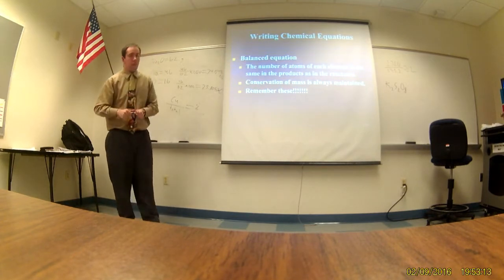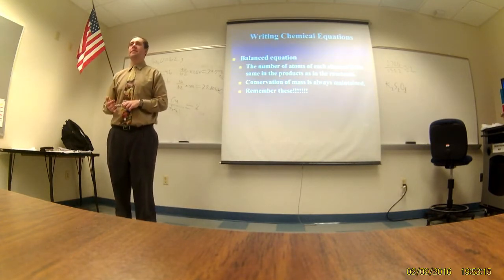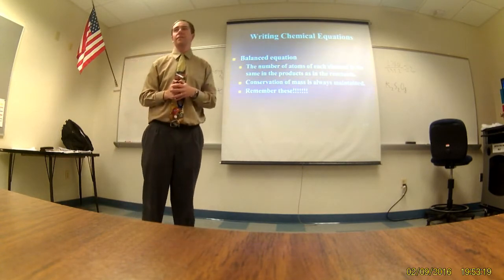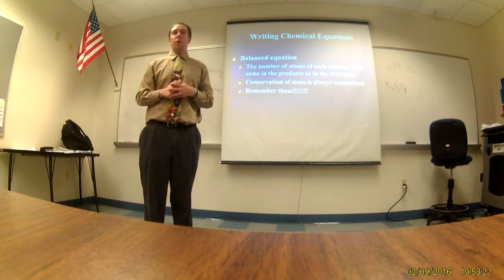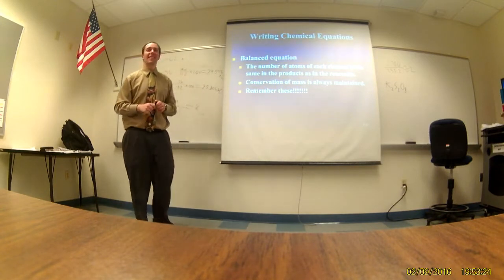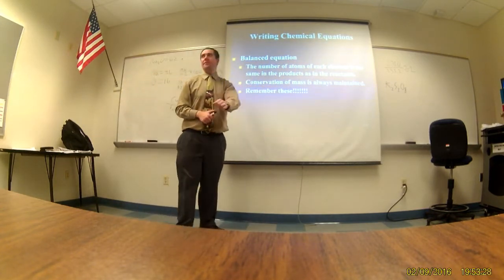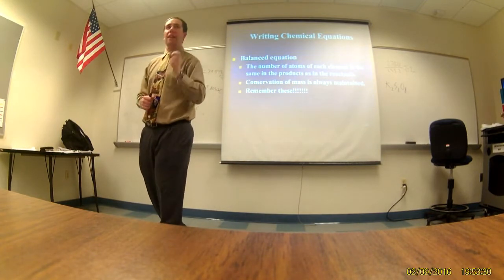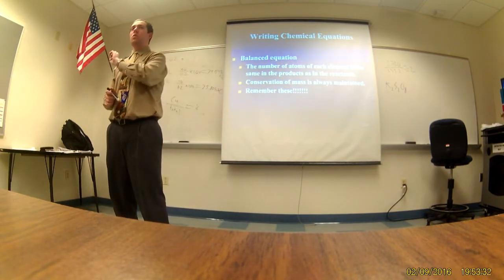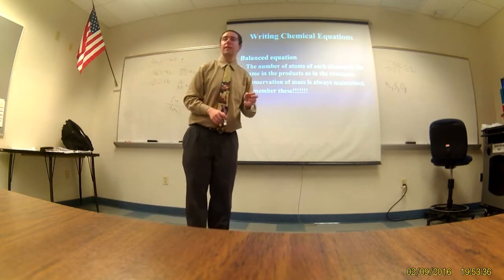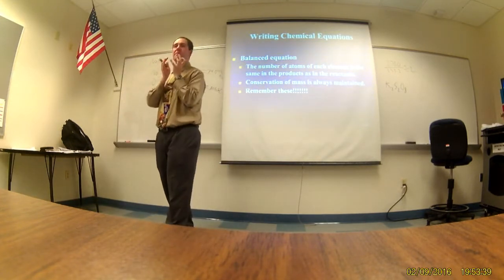Okay. We're done with that. We're moving on to chemical equations. When we write a chemical equation, it has to be balanced. You will never, ever, ever use an unbalanced equation. Balancing the equation is part of writing it.